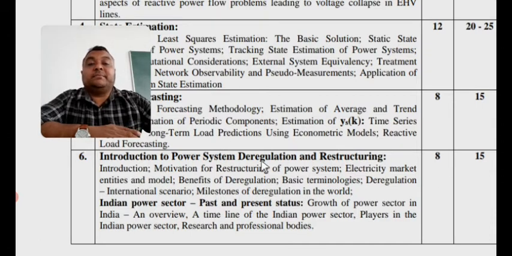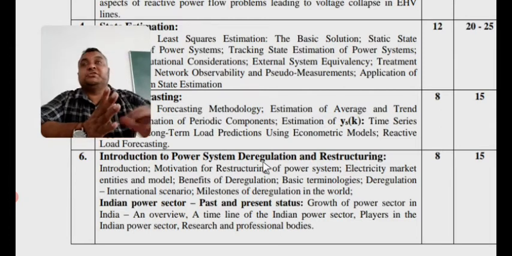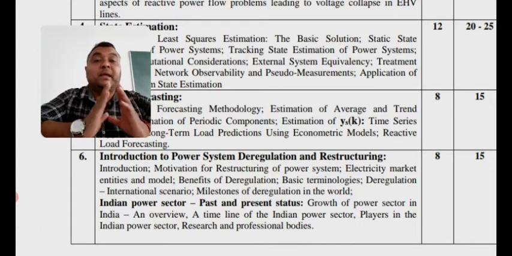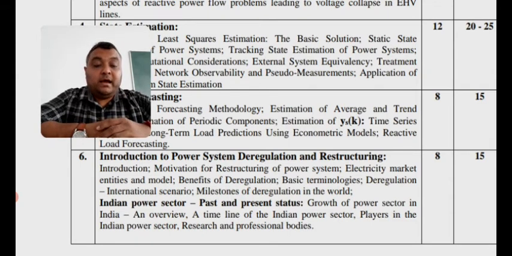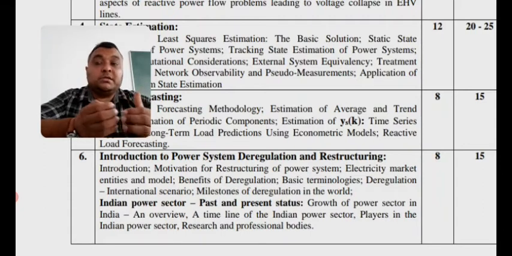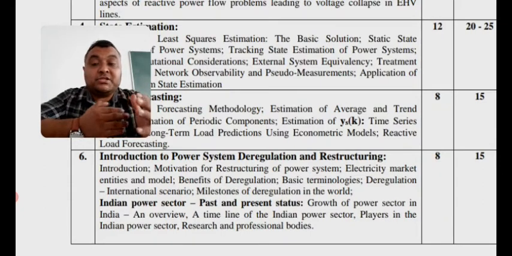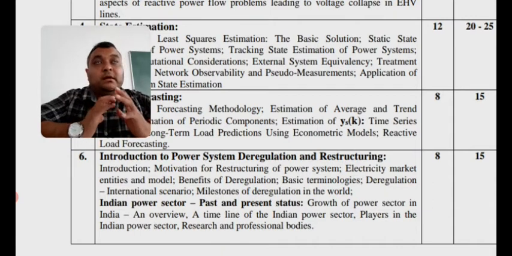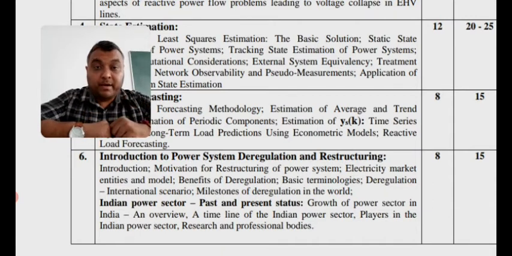About this chapter, we will see when deregulation came into the picture in India and what the impact of deregulation was after implementing the Electricity Act in 1973, and how it affected the whole power system. Then restructuring, that means new advancements and new automation coming into the picture and the implication of that automation in the industry, so we can get more reliability of power supply.